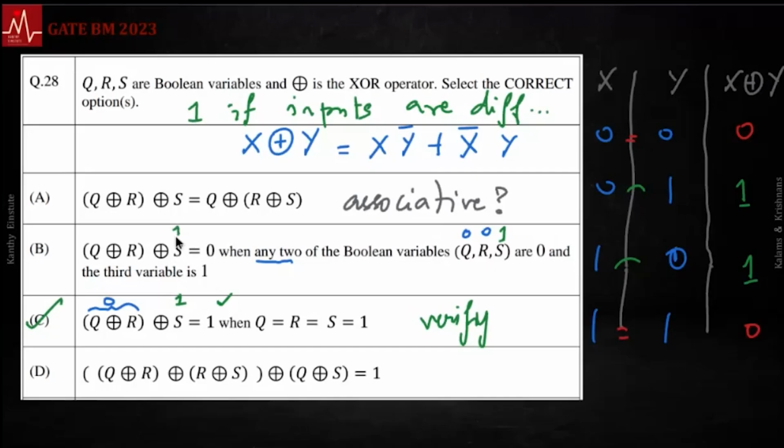This is one, zero or zero, that is a zero. Two things put together, the two are different, so you are expecting a one, but you got a zero. So this option is not correct.